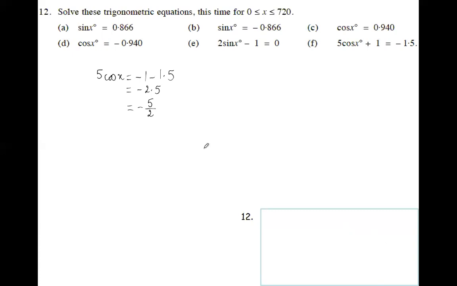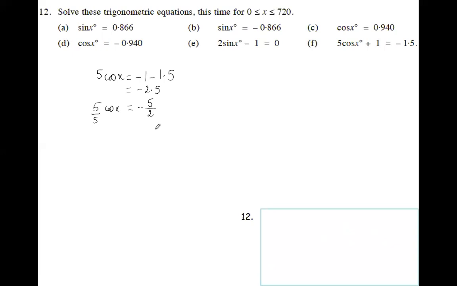And I'm going to tell you why I'm writing it as a fraction. So I've got 5 cos x equal negative 5/2. What do I do next? Divide by 5 both sides. So when you divide by 5, it's a bit like dividing by 5/1, which is multiplying by 1/5.